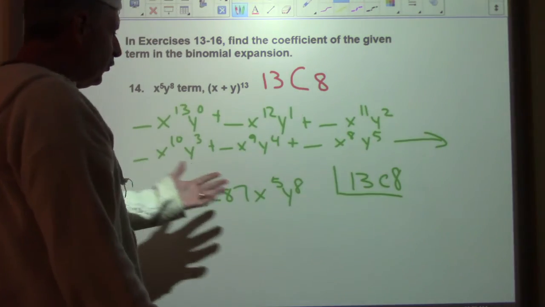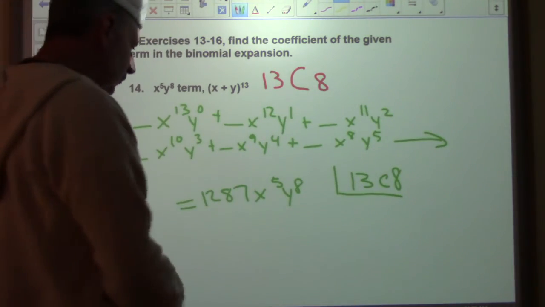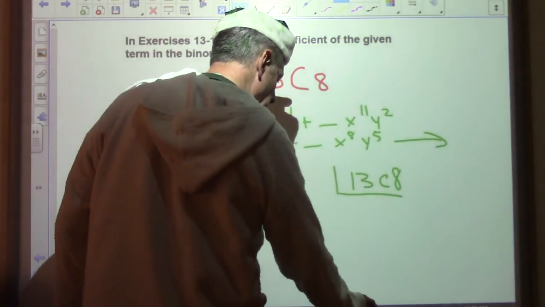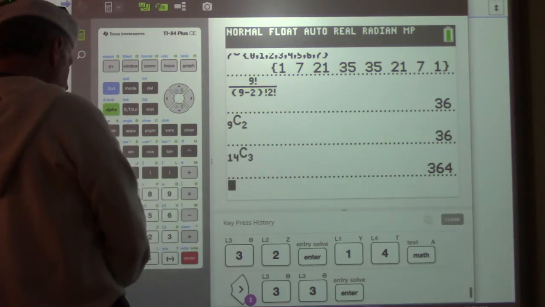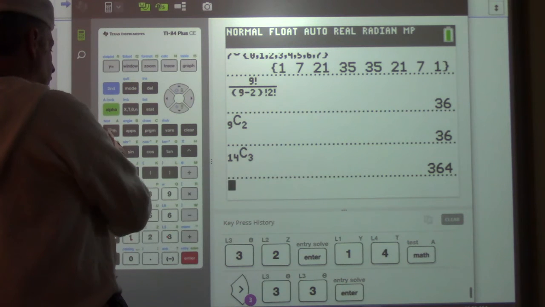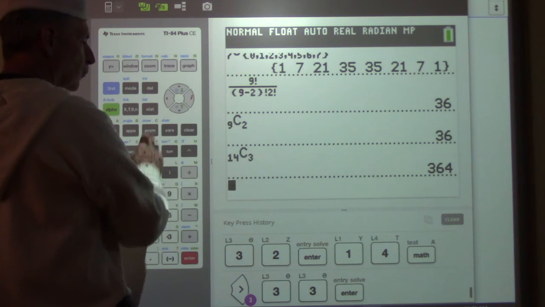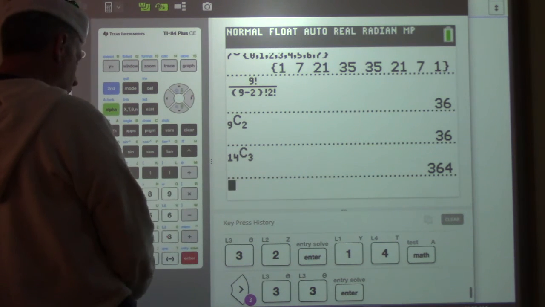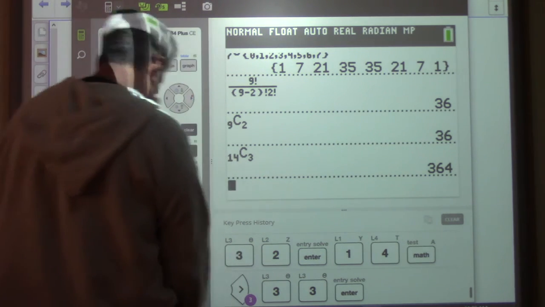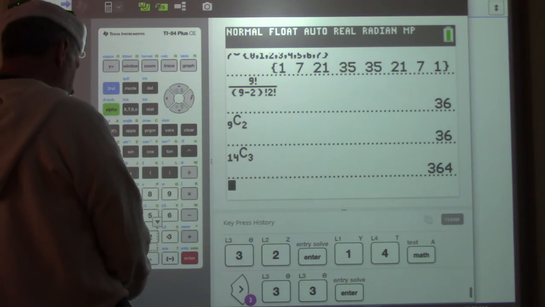So that's what you do, isn't it? Let's go here and put in 13 choose. Oh, I'm holding my pen, that's why. So 13. Okay, so do the next one.